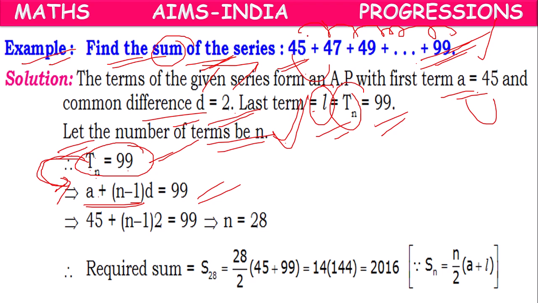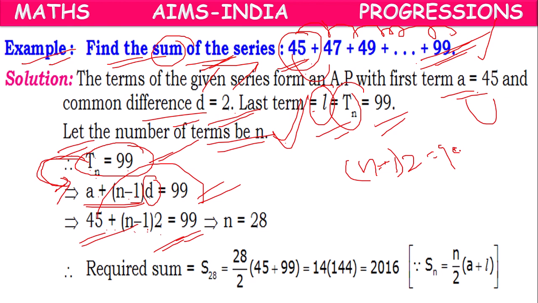In the place of a, we can keep 45, and in the place of d, we can keep 2. 45 plus n minus 1 into 2 equals 99. So 45 will come this side: n minus 1 into 2 equal to 99 minus 45.